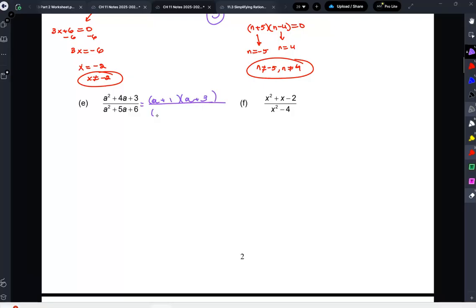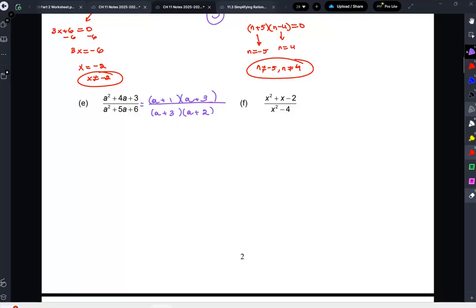Okay, here let's do this one. What two numbers multiply to 6 and add to 5? Anything? Multiply to 6. 3 and 2.